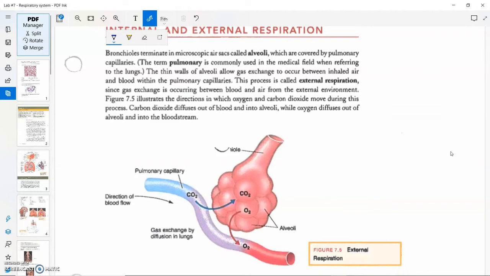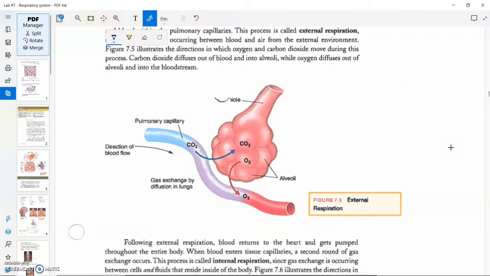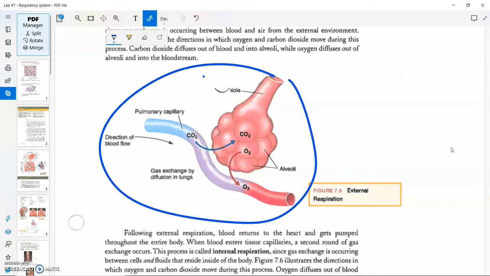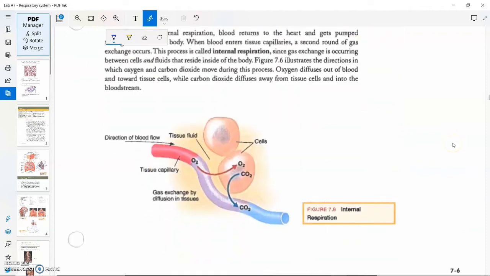Gas exchange occurs in two locations. One, external respiration, occurs in the lungs, where CO2 goes from the blood in pulmonary capillaries into the alveoli to be exhaled, and oxygen diffuses from alveoli into the pulmonary capillaries to be delivered to the left side of the heart and then to the rest of the tissues.